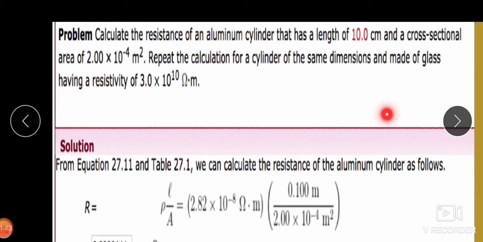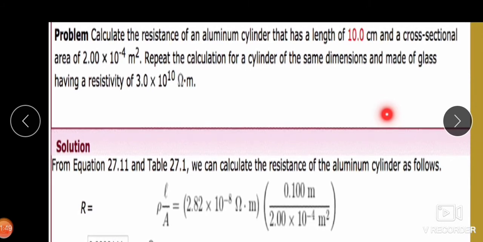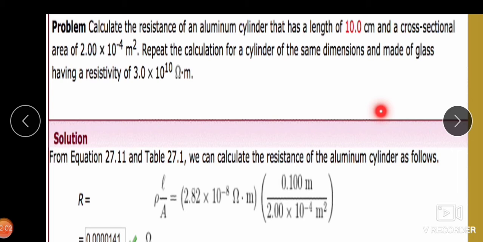Calculate the resistance of an aluminum cylinder that has a length of 10 cm and cross sectional area of 2 into 10 raised to minus 4 meters square. Repeat the calculation for a cylinder of the same dimension and made of glass having the resistivity of 3 into 10 raised to 10 ohm meter.